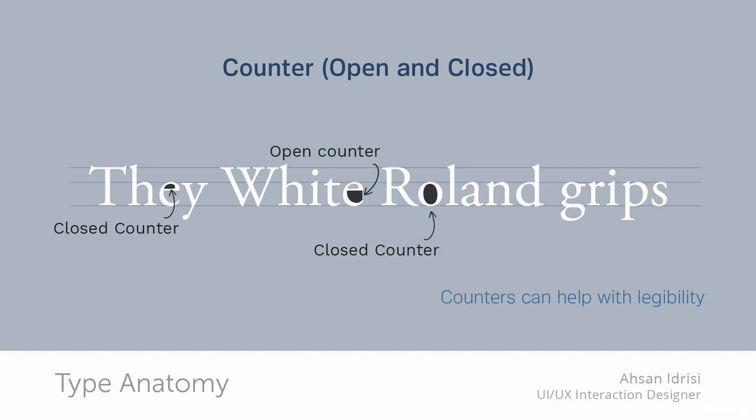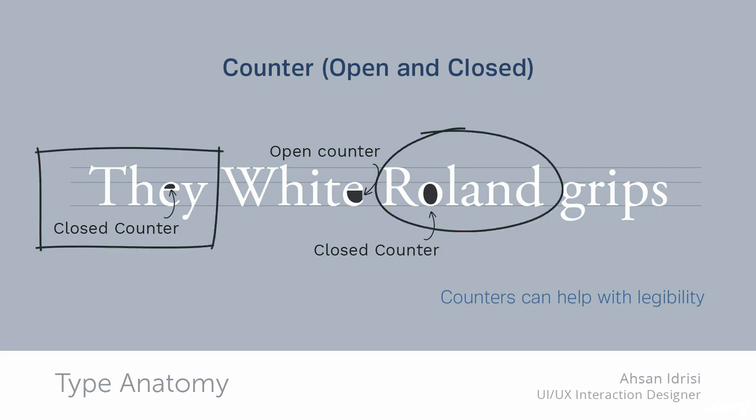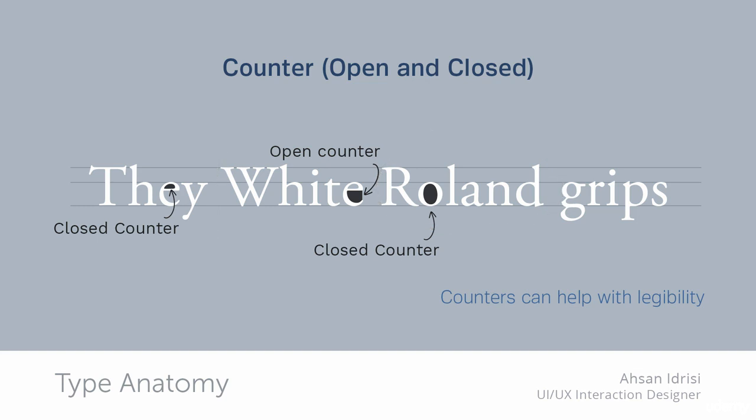And then we have the closed counter, which is the space enclosed in any letter like this O and the top portion of this E. Why are we learning about this? Because they can help with legibility. If we have very big counters, that font or type or style is very legible. This is also another factor related to x height. So these two, counter and x height, play a very big role in legibility of fonts.